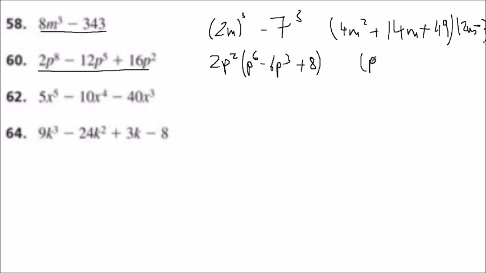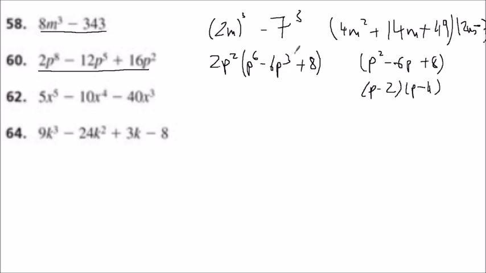Let's make this as a function of just p squared, and then this is just regular p, right? p squared minus 6p plus 8. If you factor this, you'll have p minus 2, p minus 4. These two p's multiply to become p squared. So p times p is p squared, and then p times negative 4 and p times negative 2, add them together, you get minus 6p.